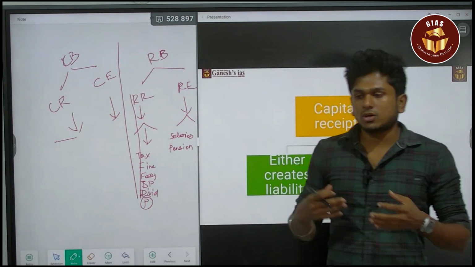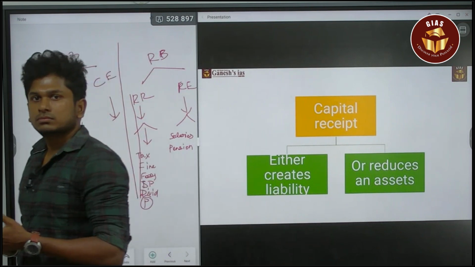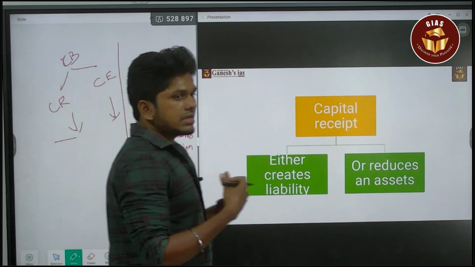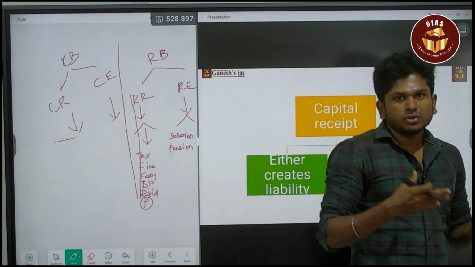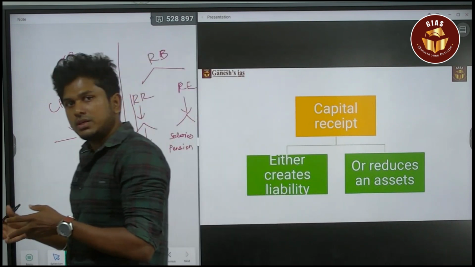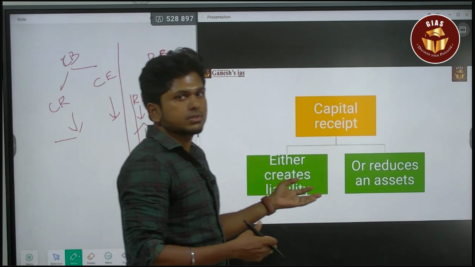Or else consider that the government is borrowing money from the World Bank, IMF, any countries. Okay. In that scenario, they are creating liabilities. Even though the money is pouring towards the government, it is creating certain liabilities. Then it is called as capital receipt.